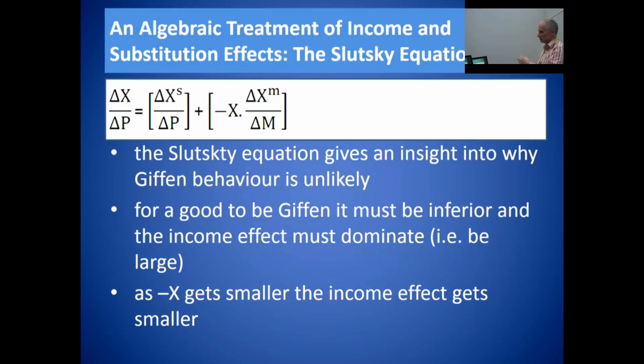That term x is the amount that you spend on a good in your total budget. If x gets smaller, then as the product of x times that second term gets smaller, the income effect gets smaller. And if you think about it, that's entirely sensible.